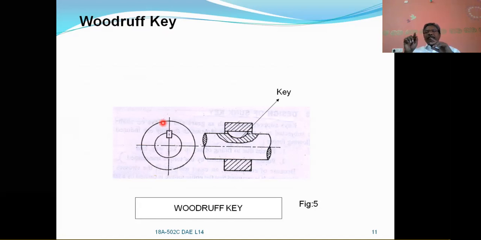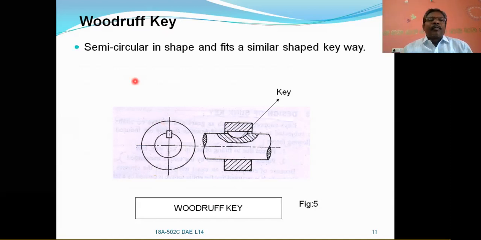That means the keyway is also in the shape of the key, semicircular. Here you can see this is a semicircular key, and it is going to fit in the similar keyway of the shaft.